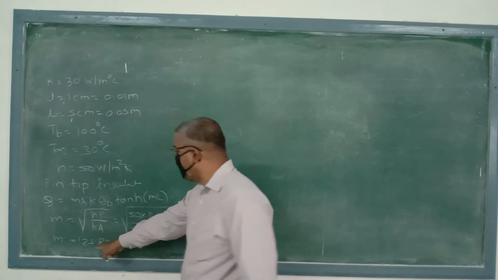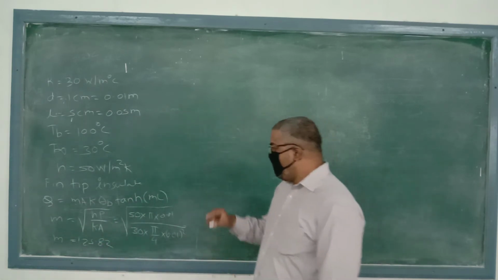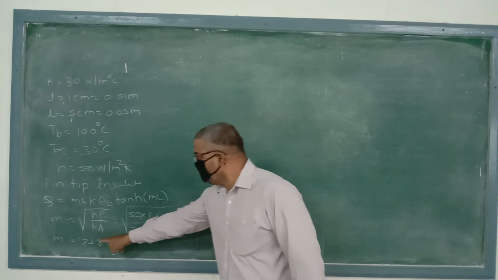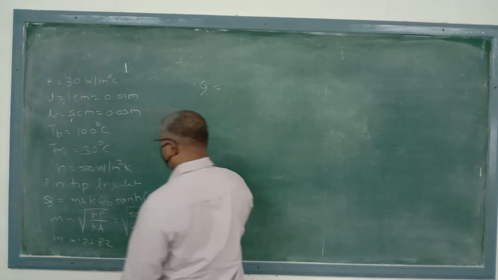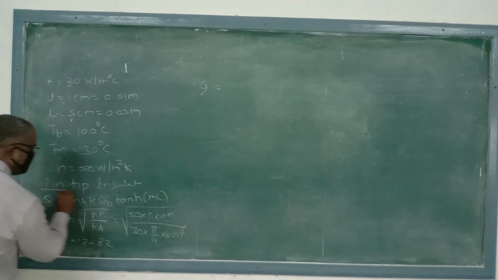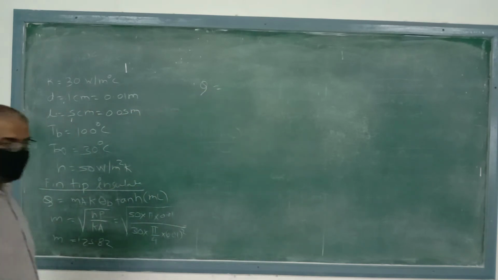Next, once you have the value of m, you are going to substitute this value in this equation. So Q, this is the first case we are considering, when the fin tip is insulated.